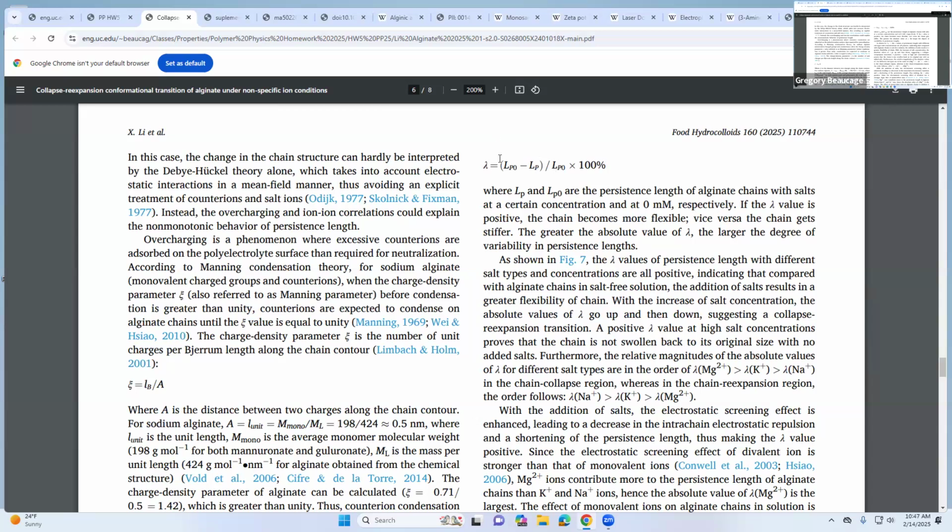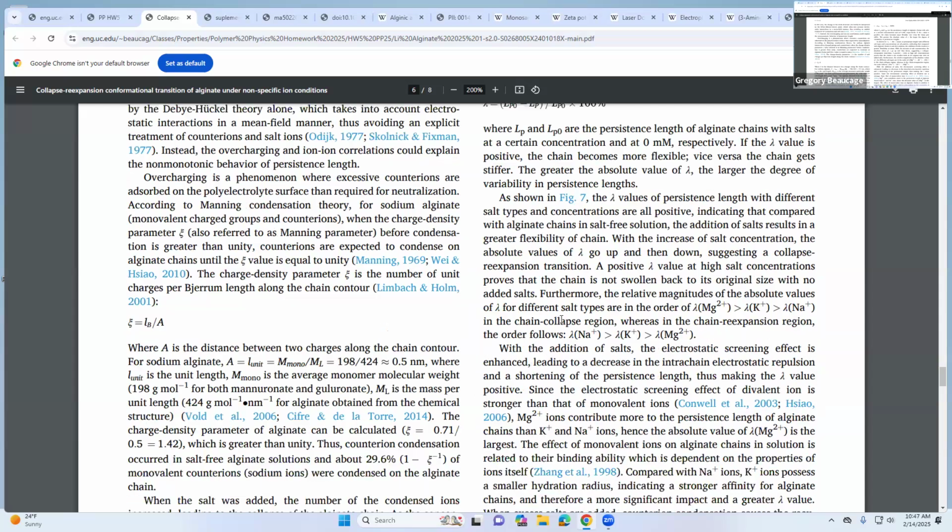The LP0 is the polyelectrolyte's normal huge persistence length. He has a salt and it's screened by the Debye. So he gets the reduction in the persistence length normalized by the persistence length. Since it reduces, lambda has to be positive because he's always getting a smaller chain.